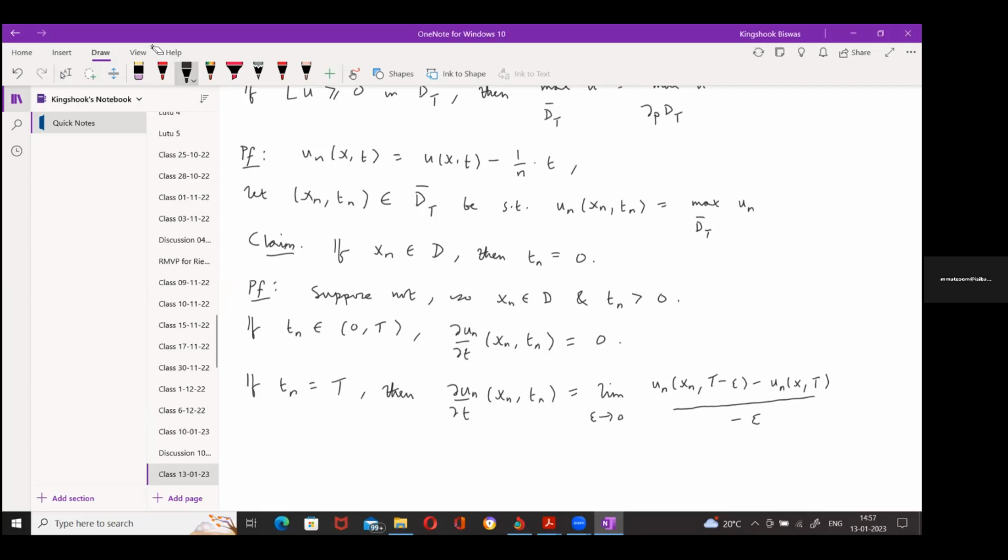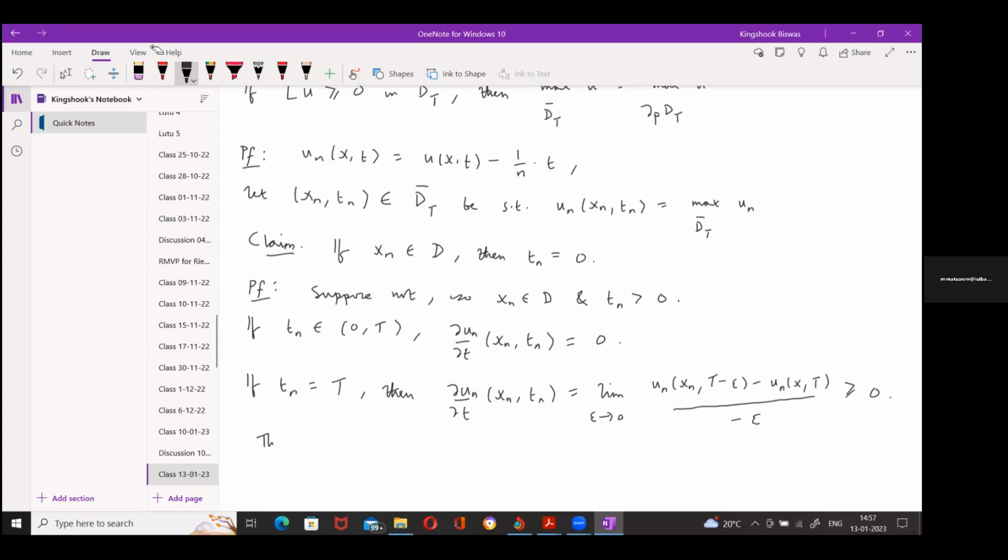And un of xn, T is greater than or equal to un of xn, T minus epsilon. It's a maximum, so the numerator is less than or equal to 0. The denominator is negative, and so this will be greater than or equal to 0. So in either case, del un del T at xn, Tn is greater than or equal to 0.